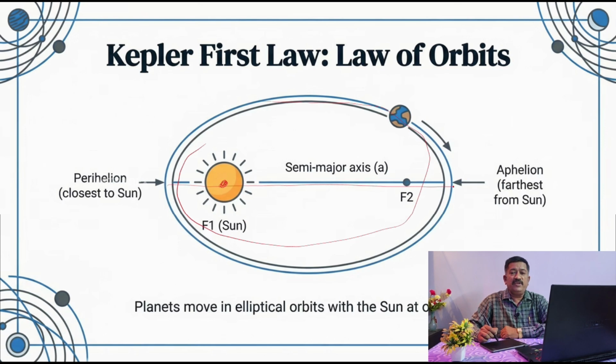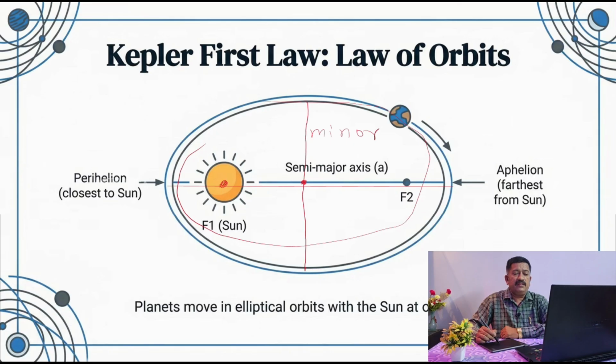When it is revolving in an elliptical orbit, the long axis is called the major axis, and the short axis, drawn perpendicular, is called the minor axis. This smaller one is called the minor axis.